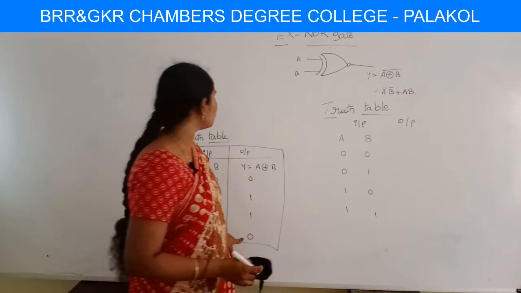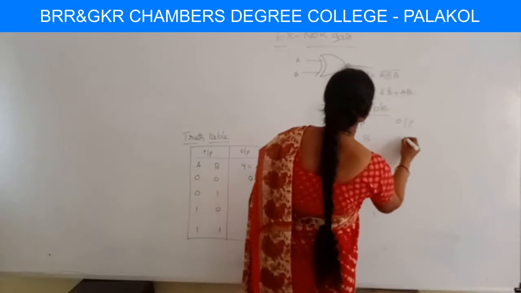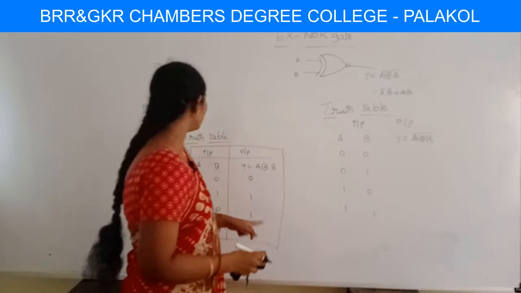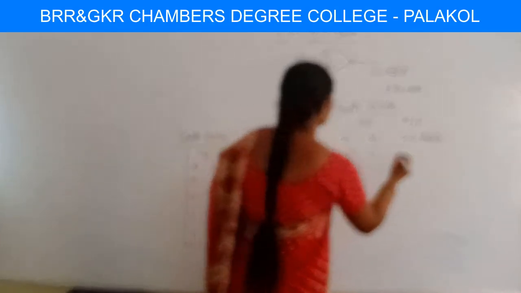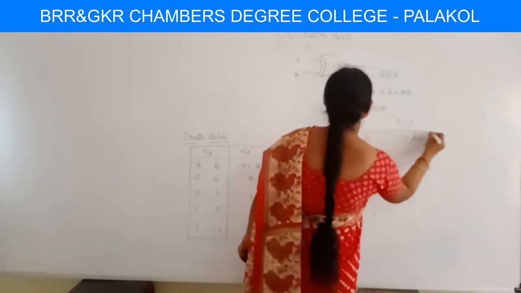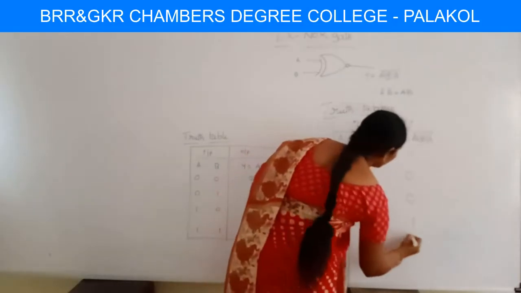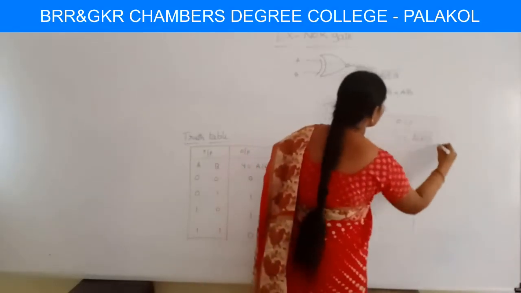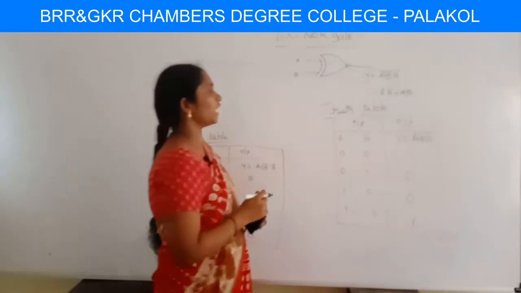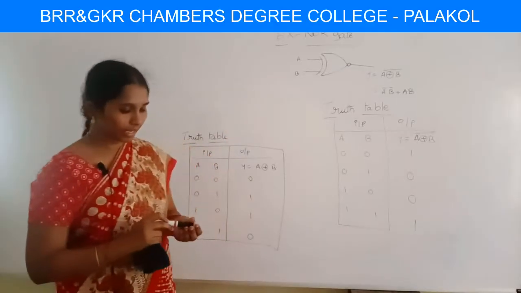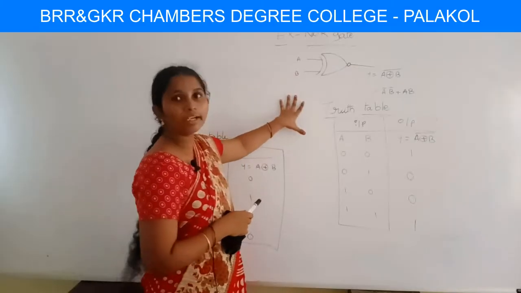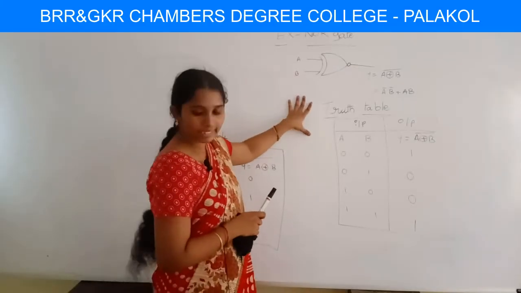Therefore the complement of this is the output Y equals A XNOR B. So the complement of this truth table is 1 0 0 1. Okay, so this is the truth table for this XNOR gate.